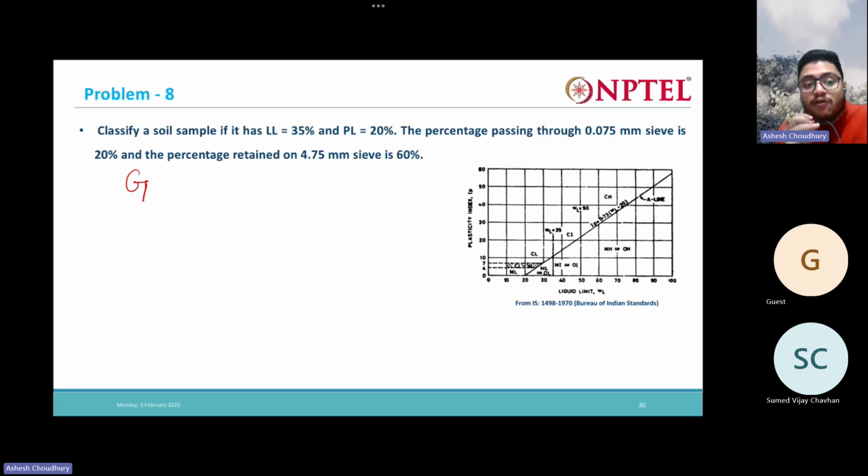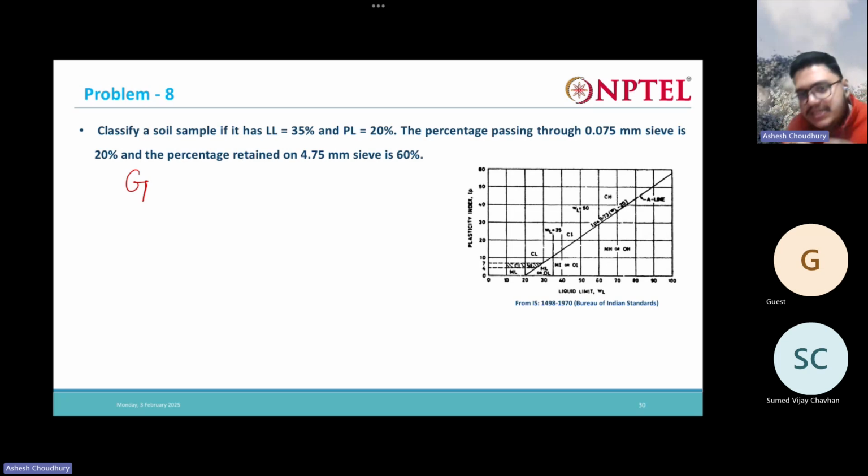But here, what is the fine fraction? 20%, which is more than 12%. More than 12% of the soil is fine fraction.